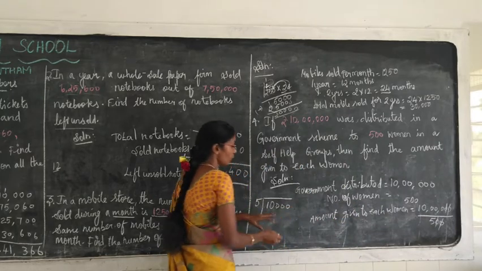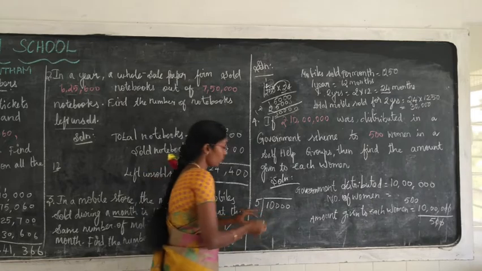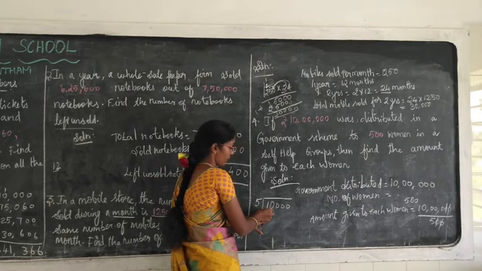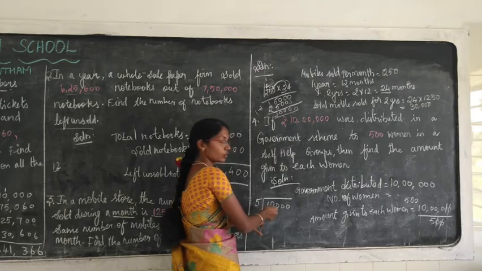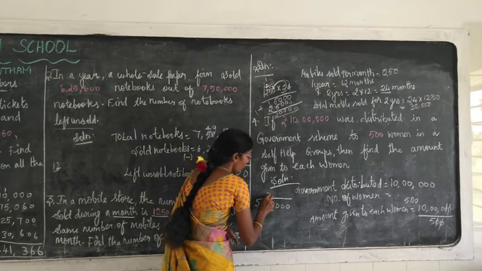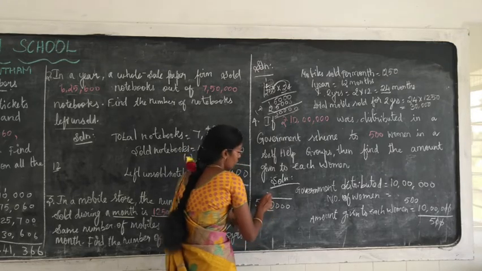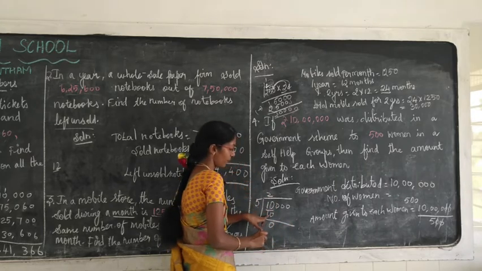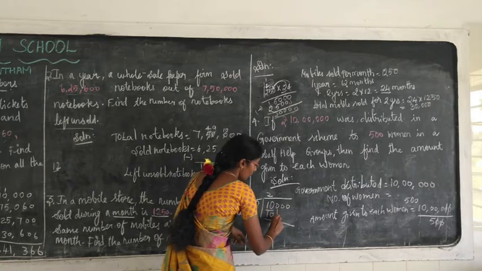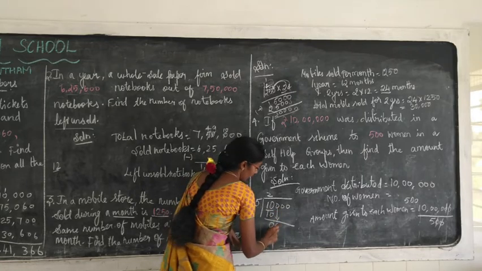Okay, so how will you divide? Here the first number is 1. Since it is lesser, you have to take 2 numbers. So 2 5s. How many 5s are 10? 2 5s are 10. Remaining, 10 minus 10, 0. You have to take this 0 here.